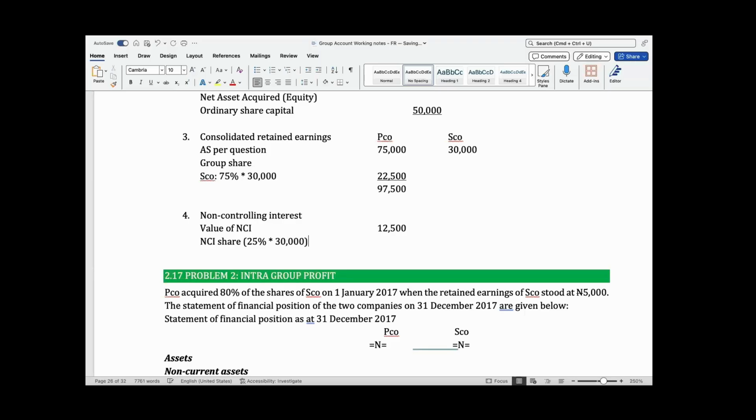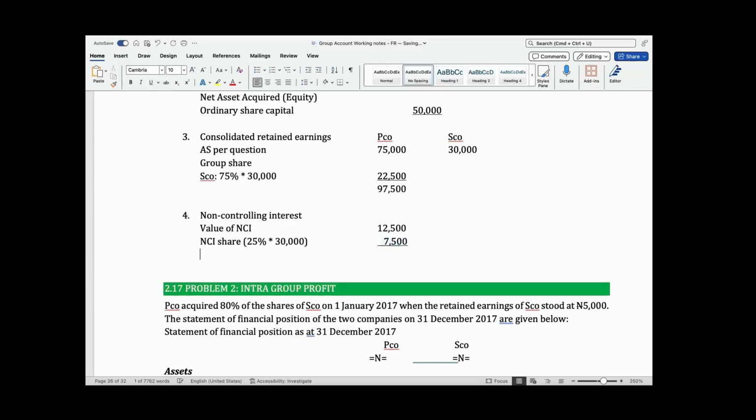How much does that give us? $7,500. Okay. So what's the addition? That's 20,000.